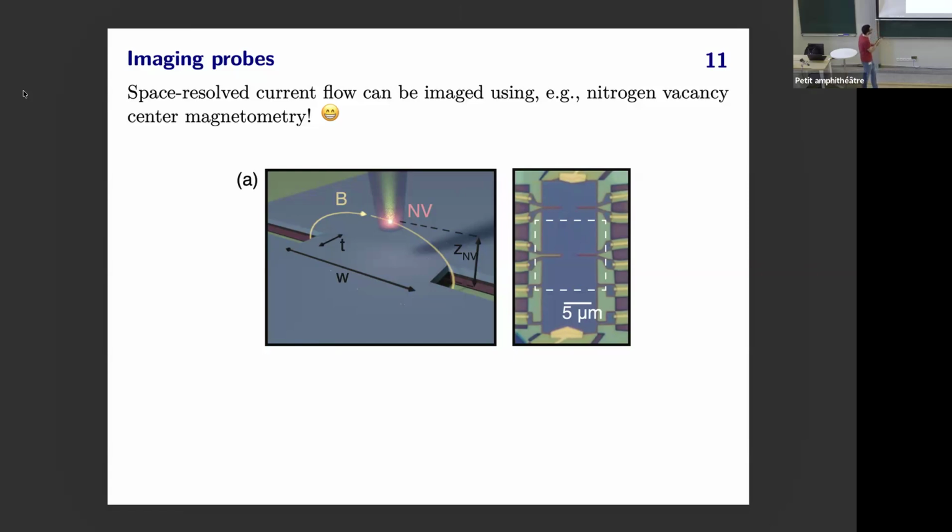I'll skip some technical comments, but there are basically scanning probes, either based on NV centers in diamond or nano-SQUIDs. There are multiple ways that one can image current. There are separate probes one can use to measure the local chemical potential, which is a proxy for the number density in the fluid.